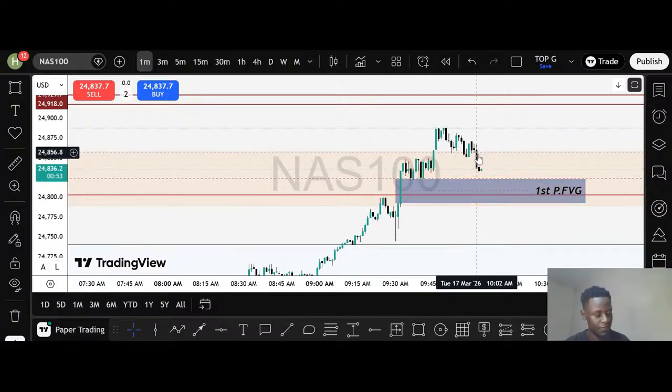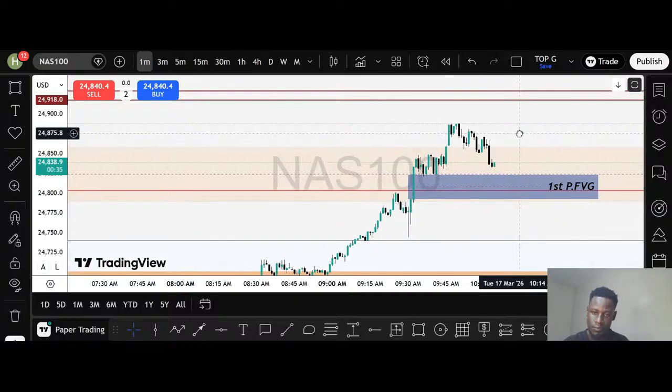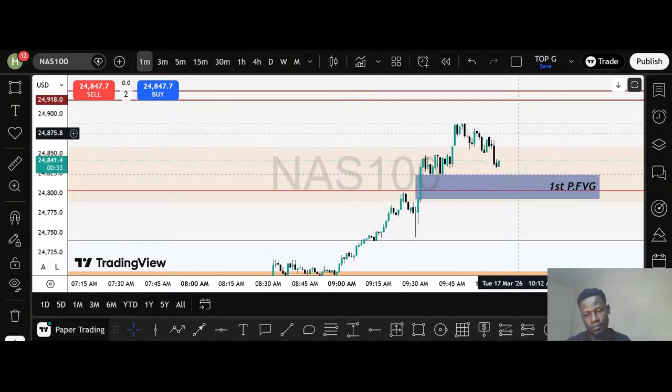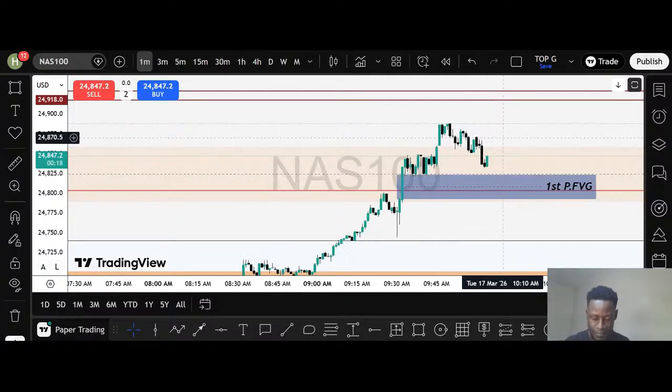So it's giving us this fair value gap, form of a CB. Can it not fill it in, leave it, and then we trade into this? So it's trading into that fair value gap, CB.